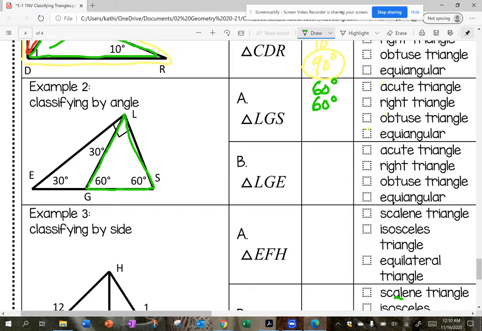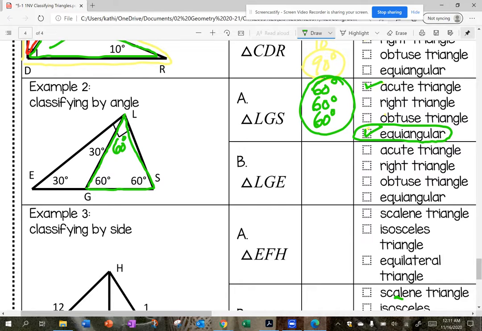And if this angle is 30 and the whole thing is 90, I know this is 60 degrees. So when I classify my angles, less than 90, that's an acute triangle, but when they are all congruent, we call that equiangular. So the most correct answer is equiangular, even though it is acute.